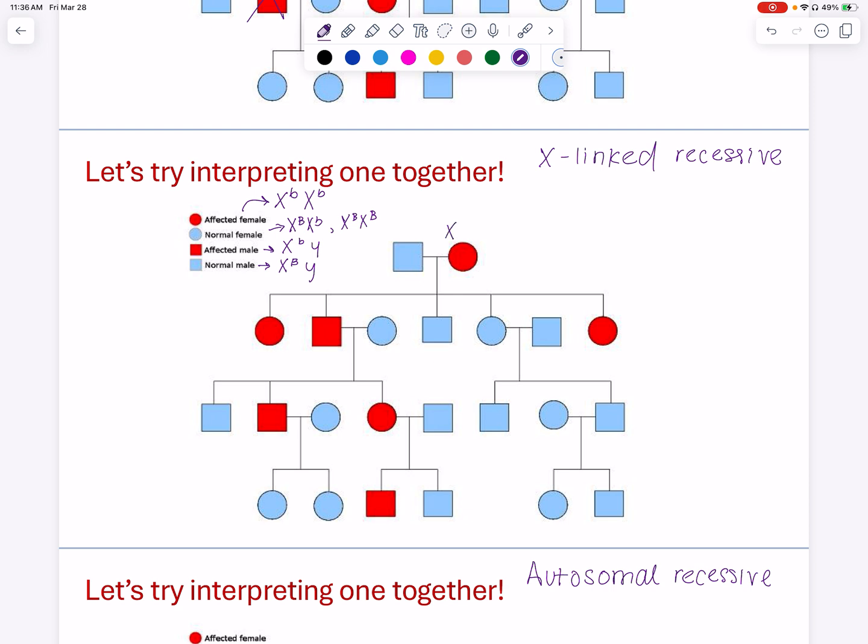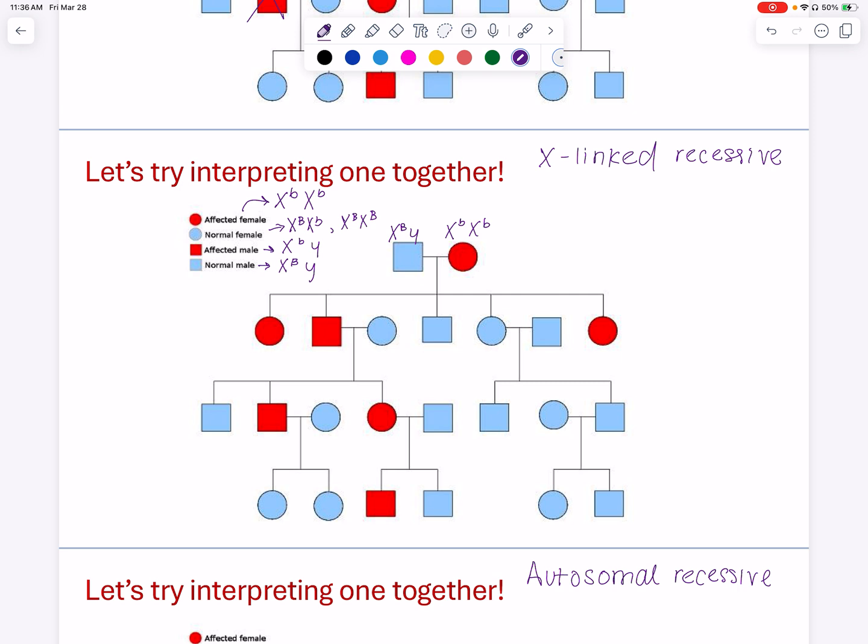For instance, the mom in this first generation, if she is affected in this instance and it's recessive, we know that she must be X little b, X little b. We also know that a normal male is going to be X big B, Y. Now, what this means is that all of their offspring who are males should have the trait.